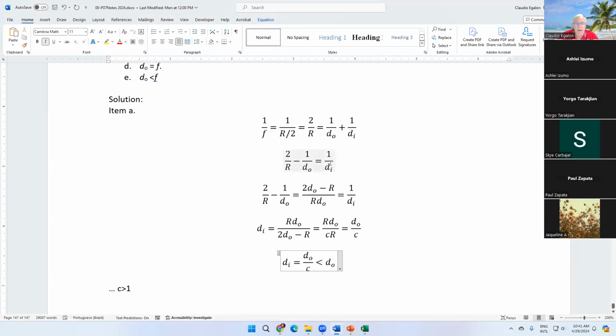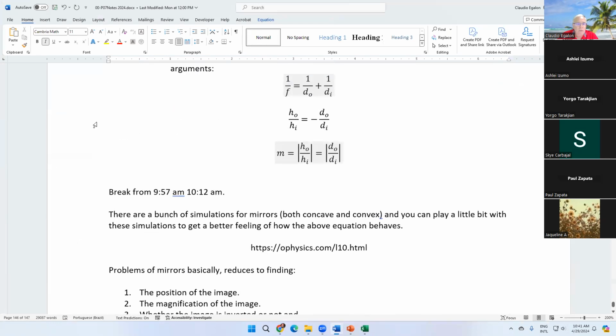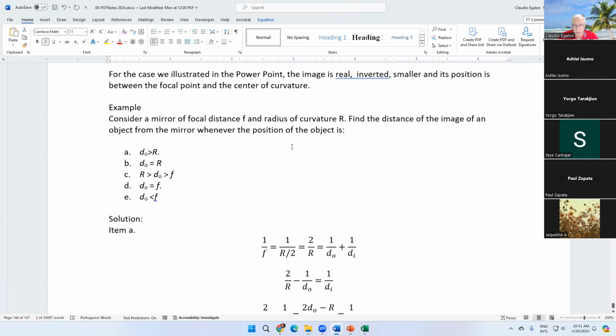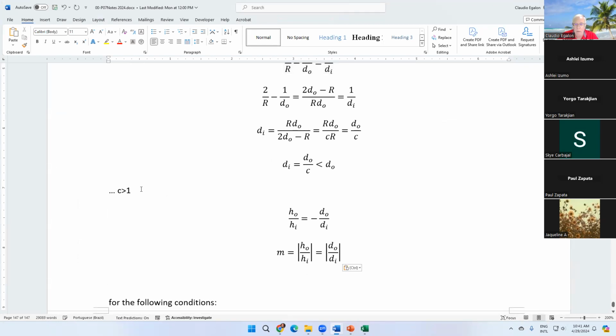And then we can find out about the other parameters as well. The other one is going to be this one here, right? Here you go. h_o over h_i is minus d_o divided by d_i. d_i is d_o divided by C, right?